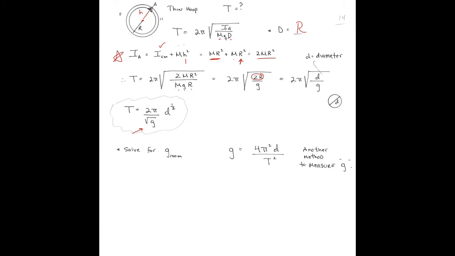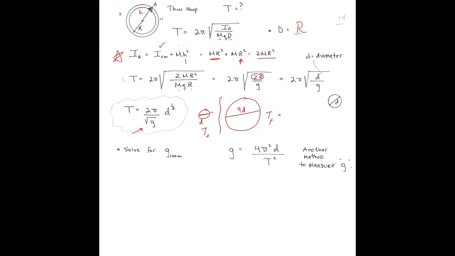So this says that the period goes as the square root of the diameter. We'll see, hopefully in the lab, that if we have a ring with a certain diameter, it'll have a certain period. We'll call that T initial. Then you'll take a huge ring and increase the diameter by a factor of 9, so instead of a diameter of D, you have 9 times that.